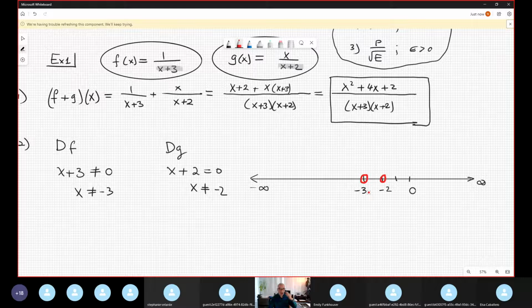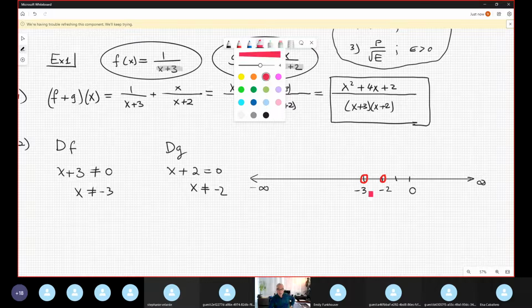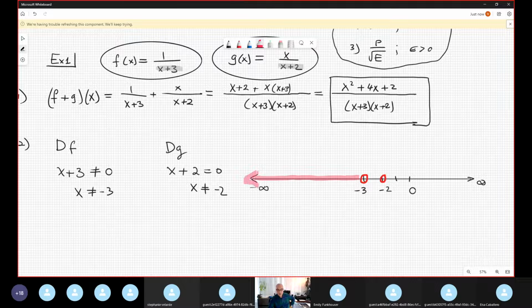And the rest is okay? Yes, the rest is okay. And how do you indicate that? Well, you indicate it like that. That part is okay, continuing forever to negative infinity. The part in between -3 and -2 is okay. And here is okay. Okay? So how do we express this domain together?